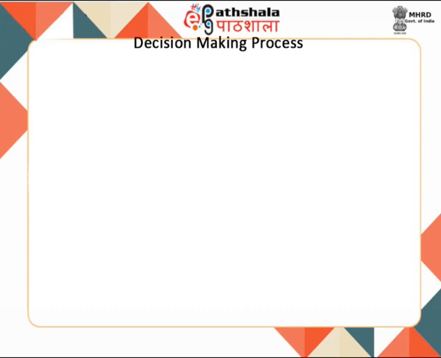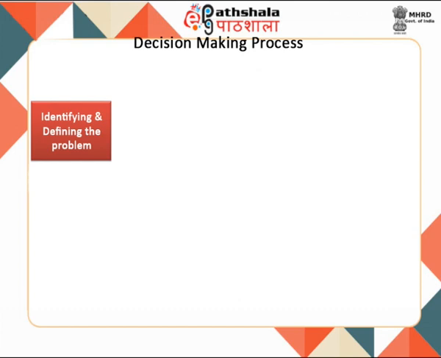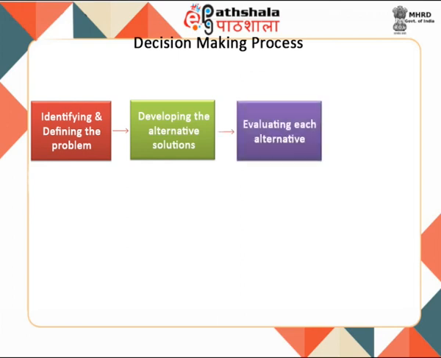Decision making process. Decision making process involves 7 steps. Number 1, identifying and defining the problem. Number 2, developing alternative solutions. Number 3, evaluating each alternative in terms of certainty conditions, risk conditions, and uncertainty conditions.